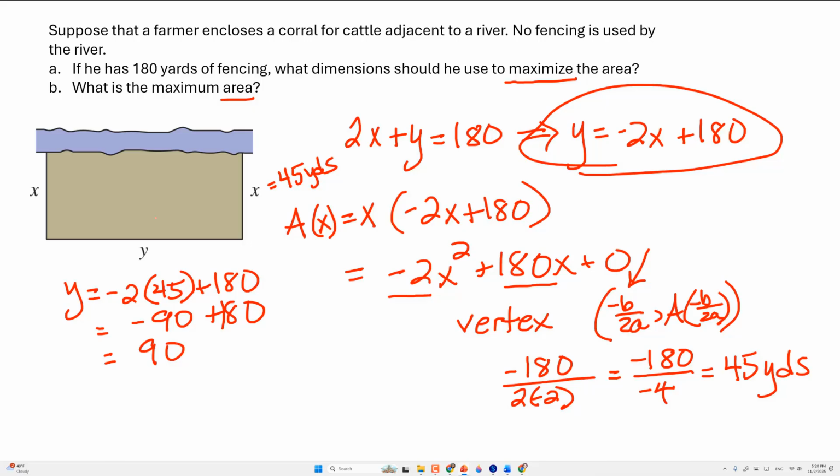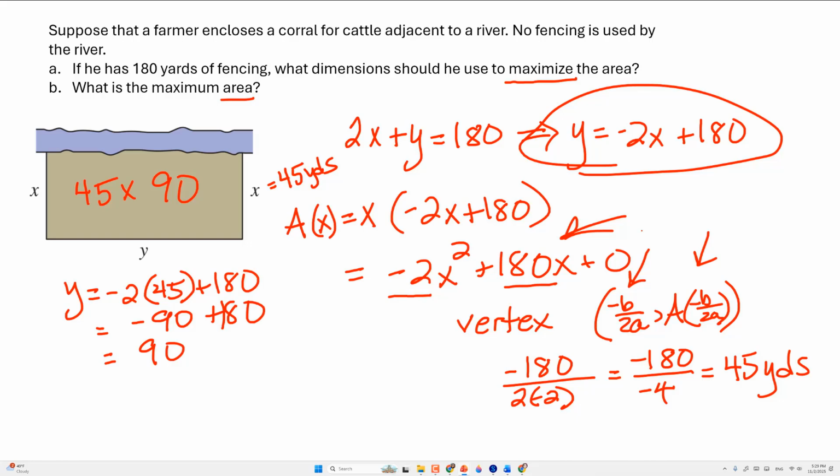So the dimensions that are going to make this have the maximum area are going to be 45 by 90 yards. And to find the maximum area, we could plug 45 into the function A of x. That would tell us the y coordinate of the vertex, which tells me the value of the function, and the function is the area function.